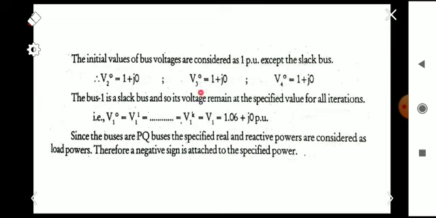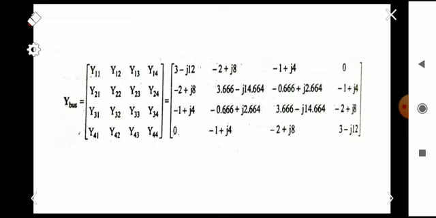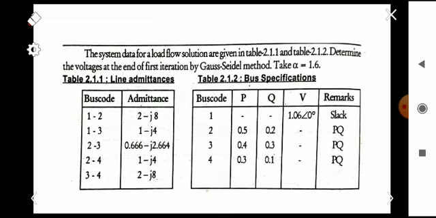So here V1(0) is not specified. Why? It is because the first bus is a slack bus. It is given in the question itself that the first bus is a slack bus. So the voltage of the first bus is specified, that is 1.06 angle 0 degree. So it will not change. It will keep that value for any number of iterations.